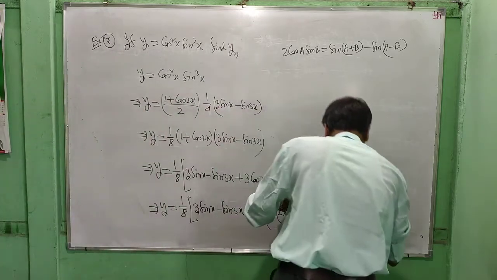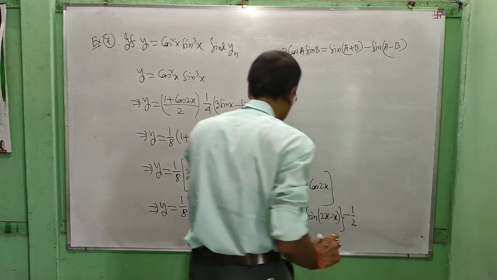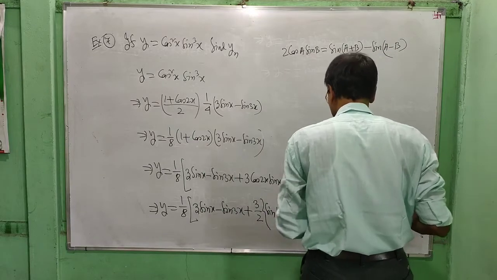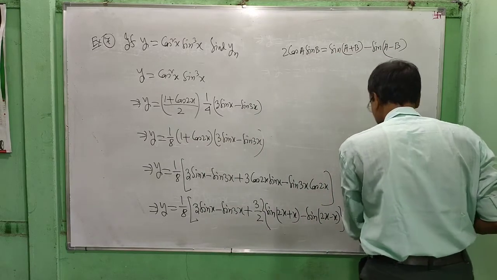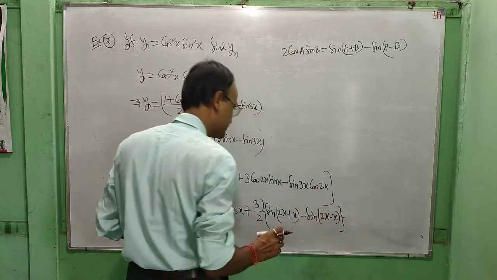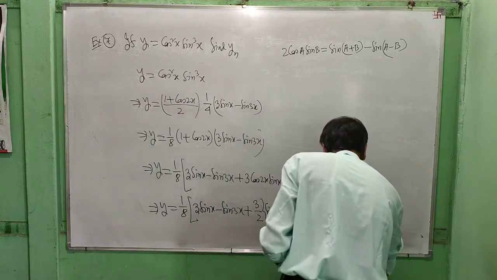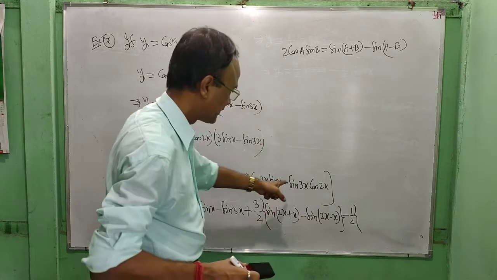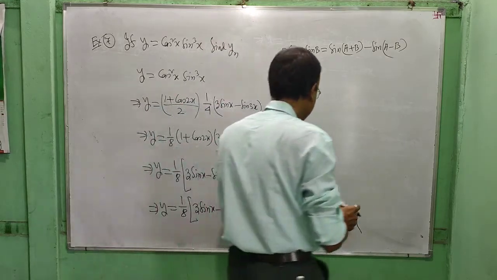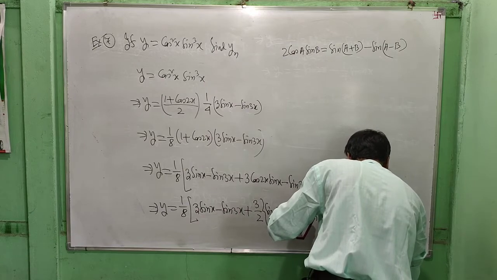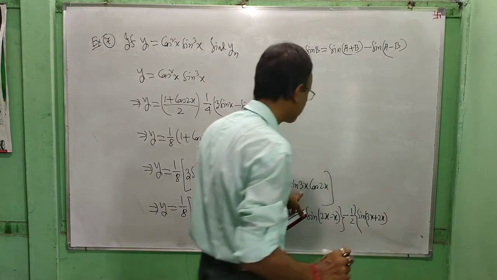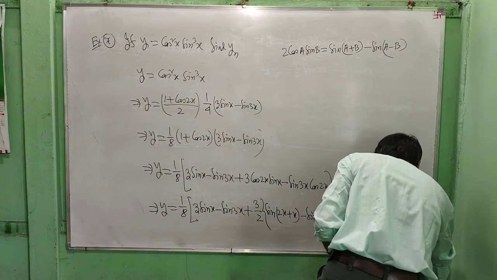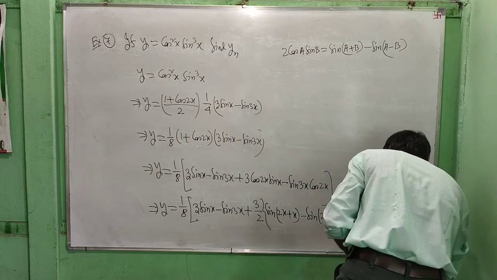For this term you may write 1 by 2 times of sin 3x cos 2x, that is minus 1 by 2, 2 times of sin A cos B. Sin(A plus B) is sin(3x plus 2x) plus sin(3x minus 2x).